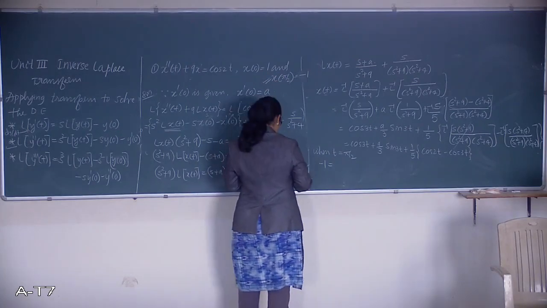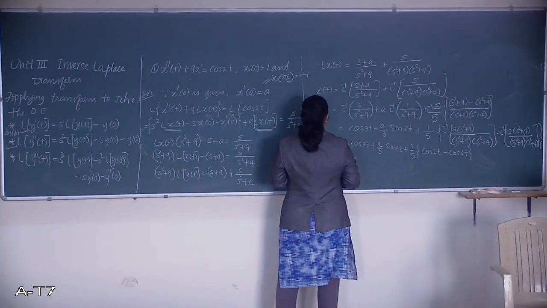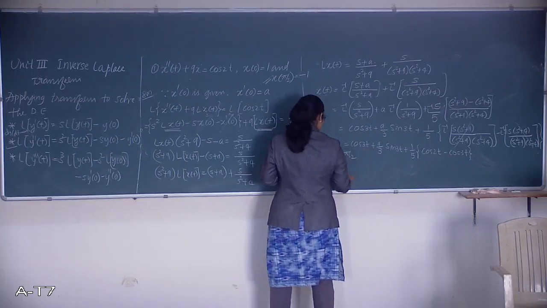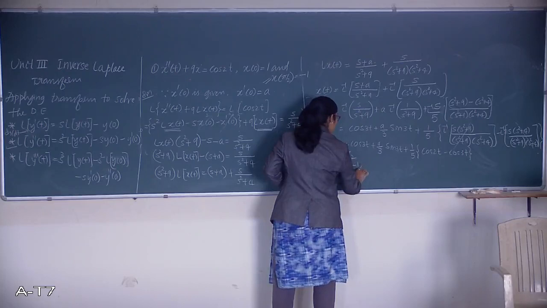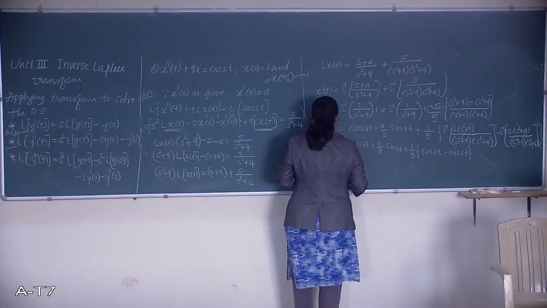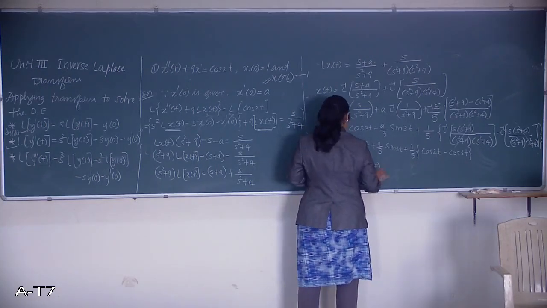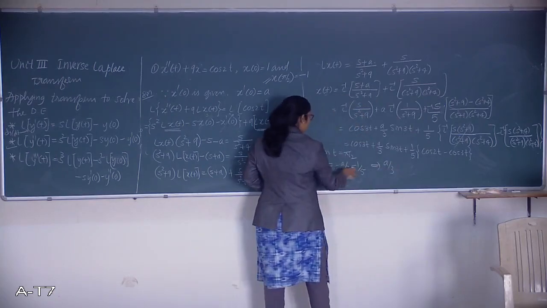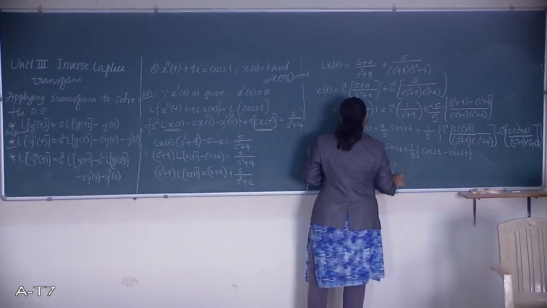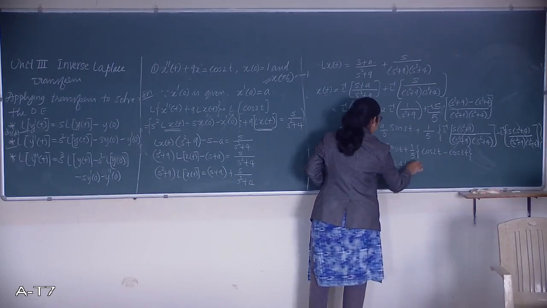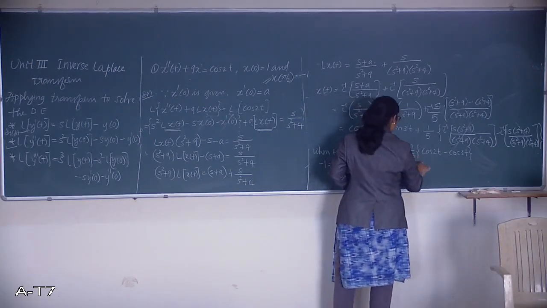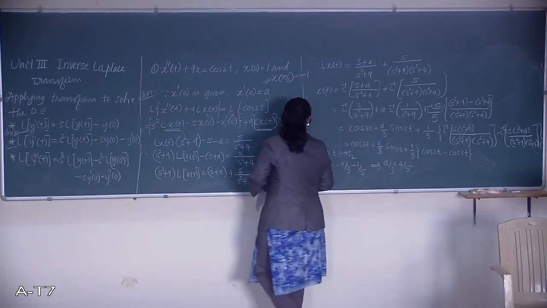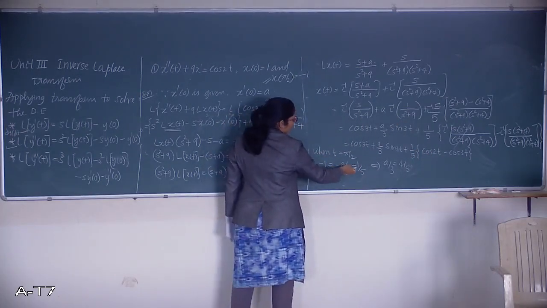Minus 1 is equal to, now here apply this, a by 3, 1 by 5 will remain, use the value, it is 12 by 5 anyhow.